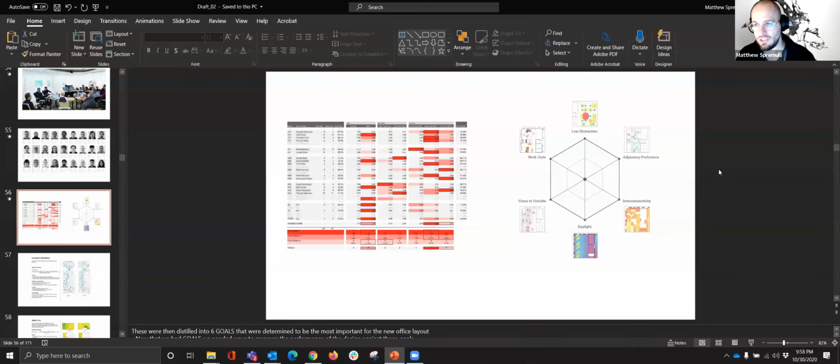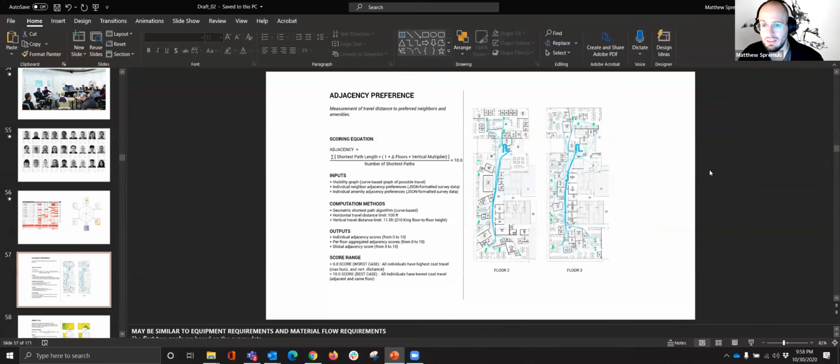It's a challenge, everybody knows, but that's the only answer that I have for you right now. We had this thing which was shortest path plus a vertical multiplier. We had to come up with our own tools to measure what adjacency preference could be.